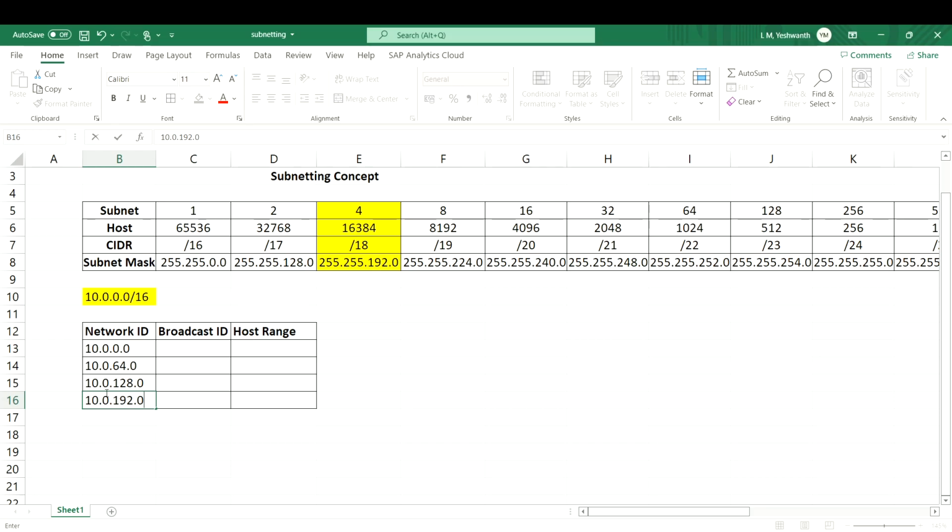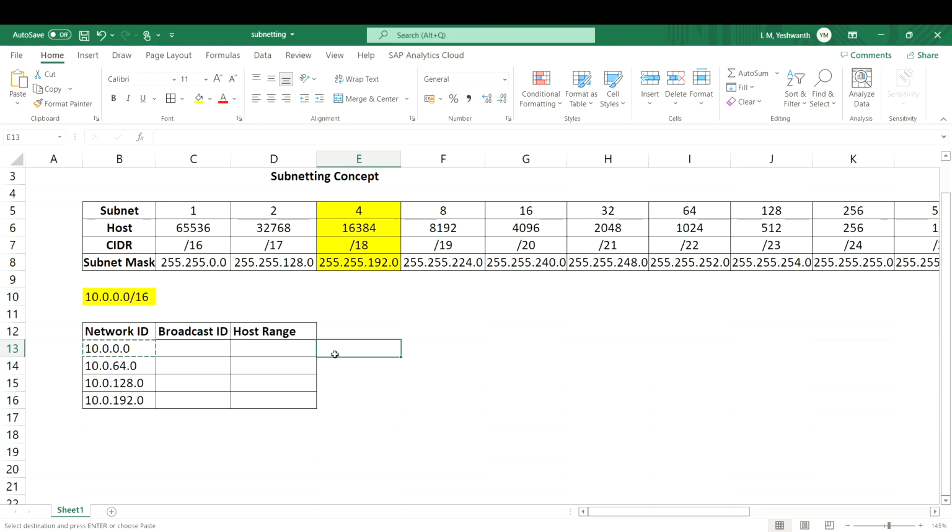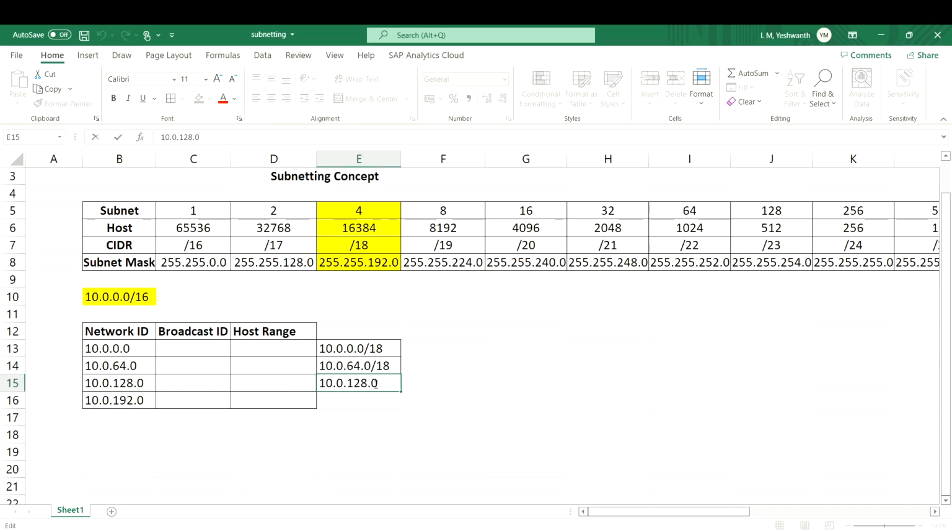Okay, so if you just want to type in your subnets, you can add /18 here. Okay, so let me copy this one. This will be your first subnet. You can just type in /18. Okay, so this is your first subnet, and this will be your second subnet, and this will be your third subnet, right?